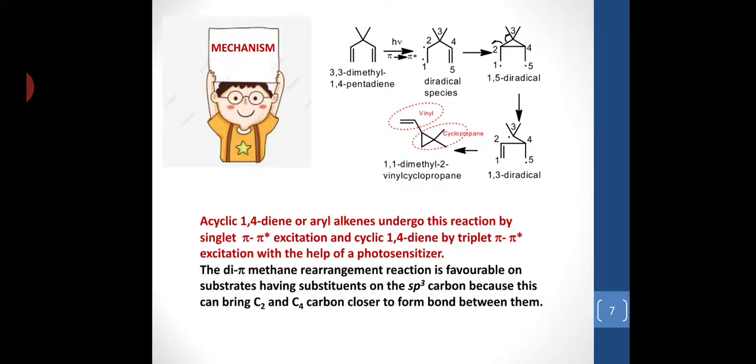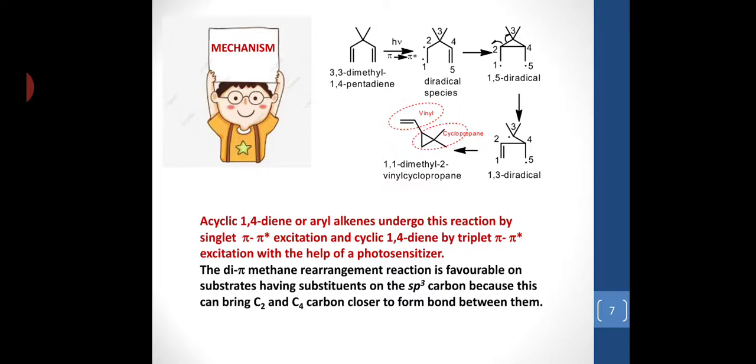Remember, acyclic 1,4-dienes or aryl alkenes undergo this reaction by singlet pi-pi star excitation, and cyclic 1,4-dienes by triplet pi-pi star excitation with the help of a photosensitizer.